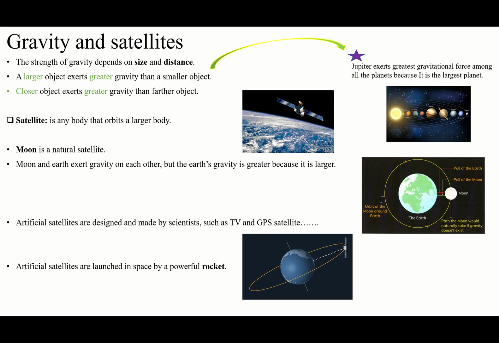So easy. Larger objects, greater gravitational force; smaller objects, smaller gravitational force. Closer objects, greater gravitational force; objects far from each other have smaller gravitational force. These two rules are very easy.